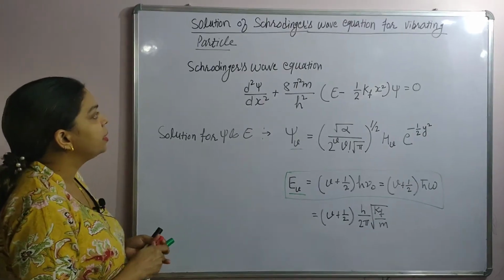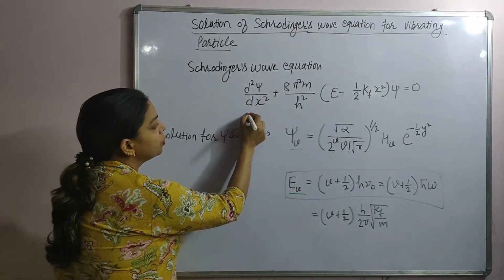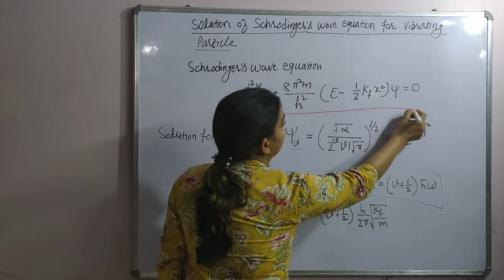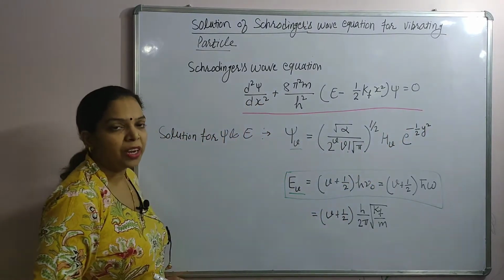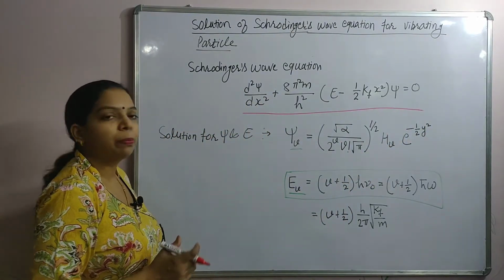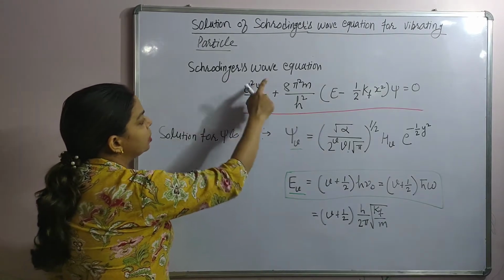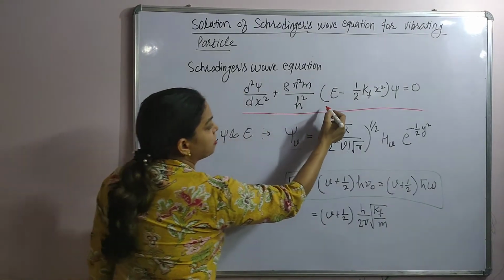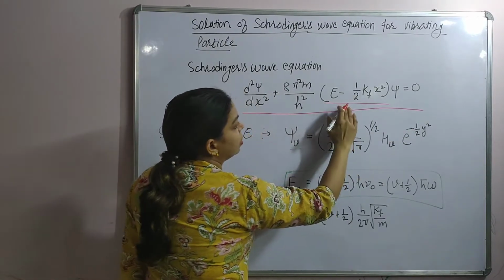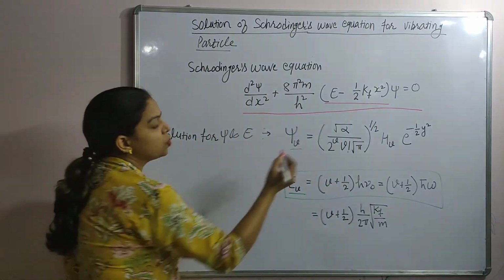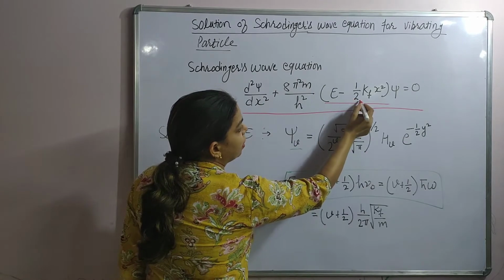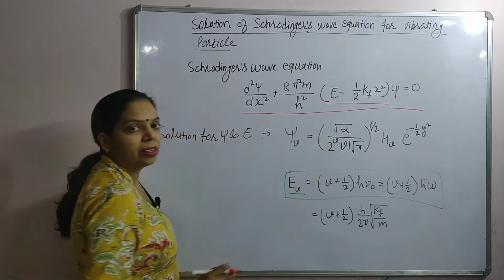Initially we formulated the Schrodinger's wave equation for a vibrating particle. We have taken the example of a spring which executes simple harmonic motion. All right. So the Schrodinger's wave equation becomes like this. We have taken all the terms this side. This was the potential energy of that particle, and E is the total energy.